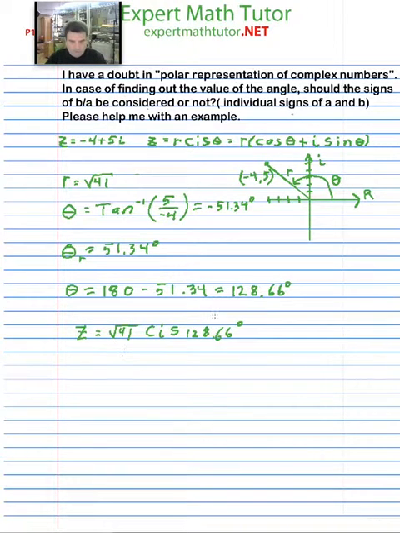And this means that r is the square root of 41, and theta in both cases is 128.66 degrees. So I hope that helps. It really just boils down to drawing the picture, figuring out the length of the hypotenuse, and then figuring out what r is, and then just doing it. So I hope this answers your question.